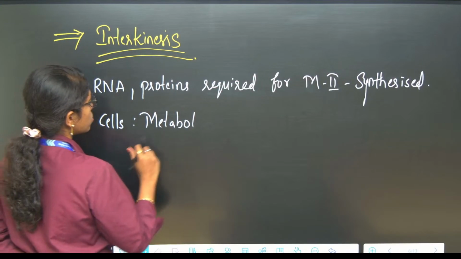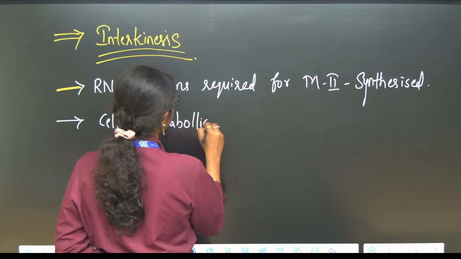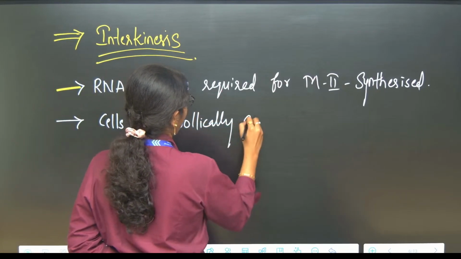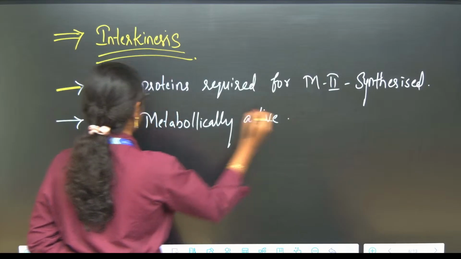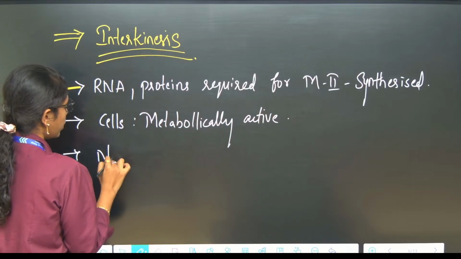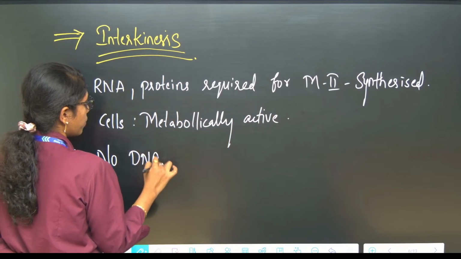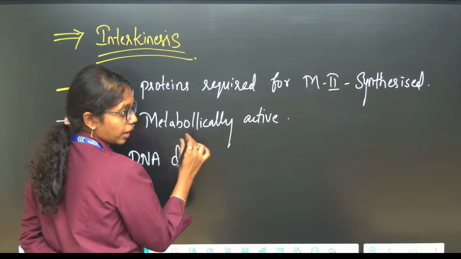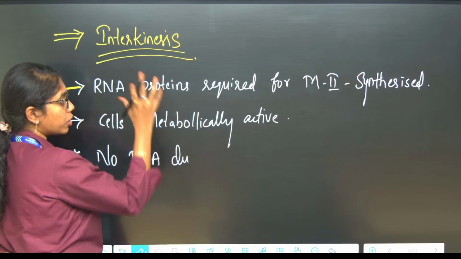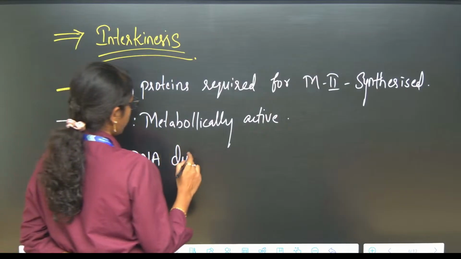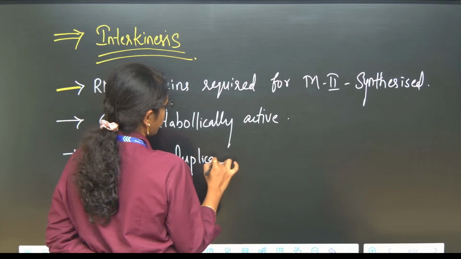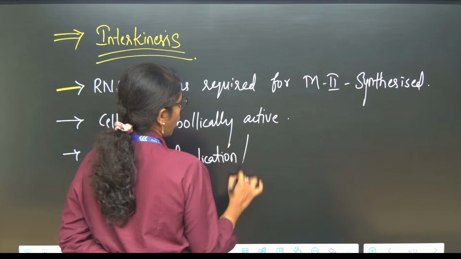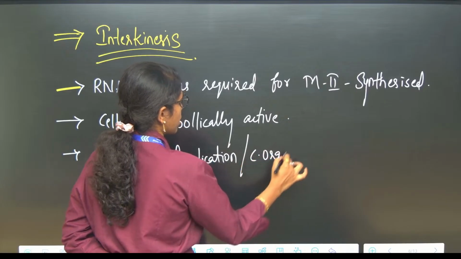So cells are metabolically active, no DNA duplication, because this is a gap phase in between meiosis 1 and meiosis 2, we need to specify all the events. No DNA duplication or cell organelle duplication.